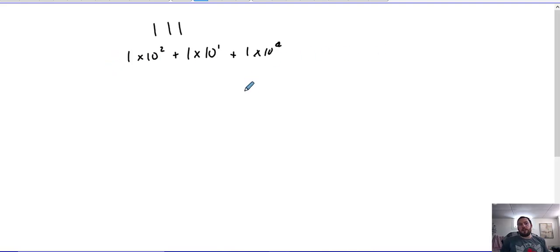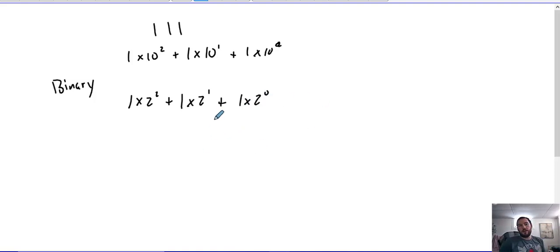But if I wanted to think about it not as base 10 but as something else like base 2, binary uses ones and zeros, because instead of working from digits 0 through 9 and using base 10, it works with the digits 0 through 1, and it uses base 2. So 111 in binary would be 1 times 2 to the 2 plus 1 times 2 to the 1 plus 1 times 2 to the 0.